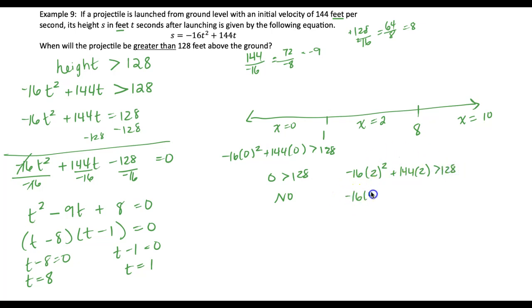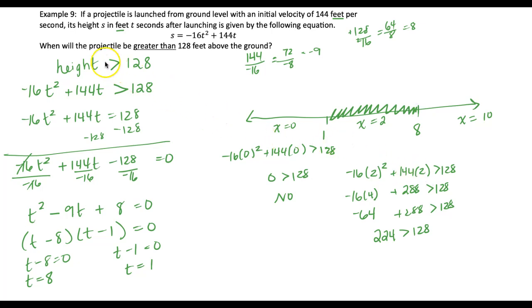So I have negative 16 times 4, which ends up being negative 64. And then we end up with 144 times 2 is 288. Is that bigger than 128? And negative 64 plus 288 equals 224. So yes, that does work. So I can shade where we tested that region.